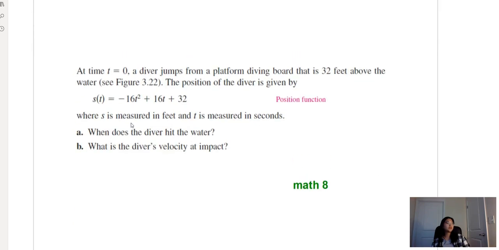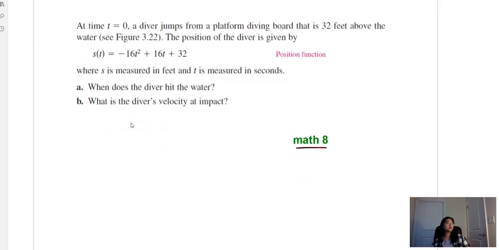All right, last thing, there's a calculator skill that you want to learn. There's Math 8 on your calculator. It's nice. Also, if you haven't downloaded the calculator Google Chrome extension, there is a TI-84 Google Chrome extension if you so desire. Okay, I'm going to leave this for you, actually. When does the diver hit the water?